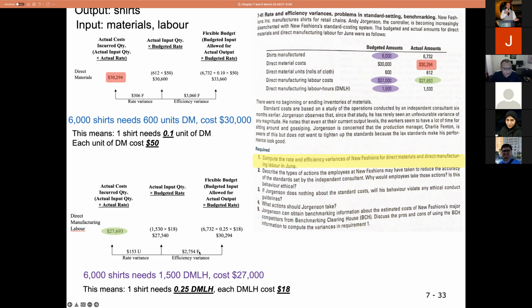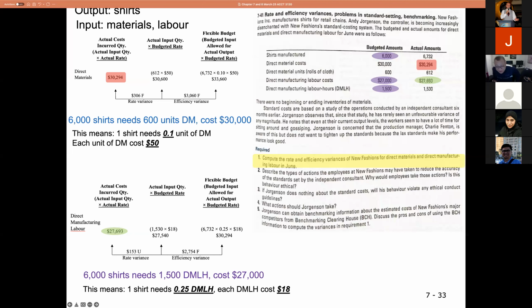The actual is lower than the budget, and lower cost is better. That's why it's favorable. And when you compare it to the rate, the actual is higher than the budget rate, so the green number is higher than the middle number. That's why it's unfavorable, by 153.